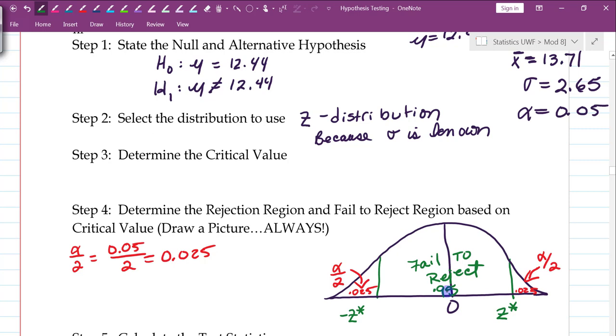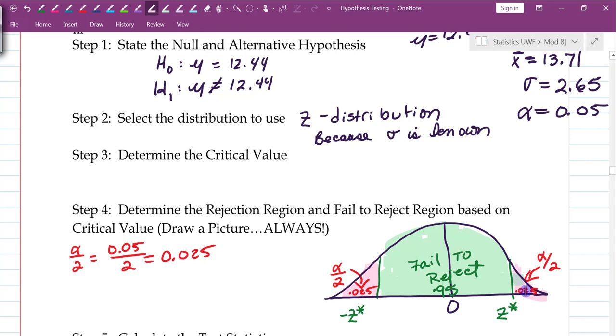Do you all agree? 0.95 plus 0.025 plus 0.025 equals 1.0. 100% of my area under the curve is now accounted for. So in here, I fail to reject. In here, I reject. Drew a little bit over on that one, but that's okay.